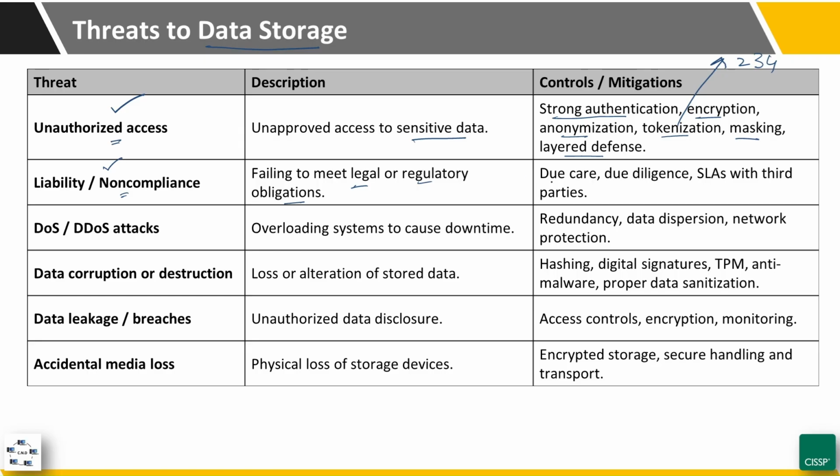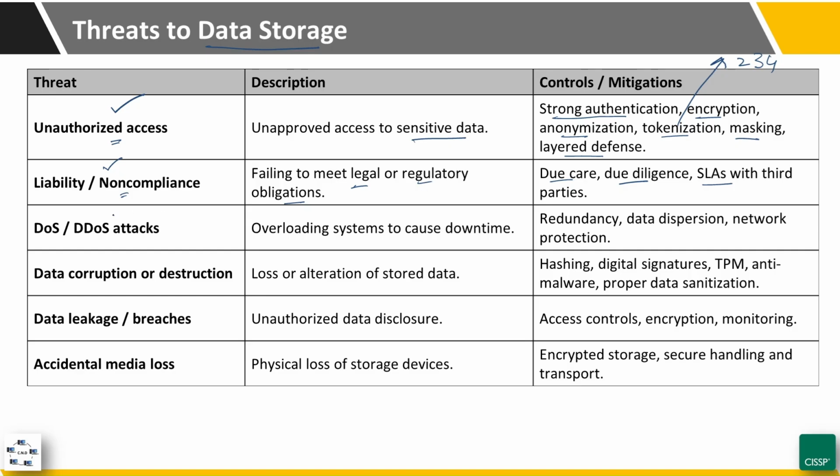We can do this through due care, by taking due care, due diligence, SLAs with the third party. So if our data is with a third party, let's suppose with a cloud provider, we can sign SLAs, service level agreements with that cloud provider, so that our data is taken care of according to the applied rules and regulations.